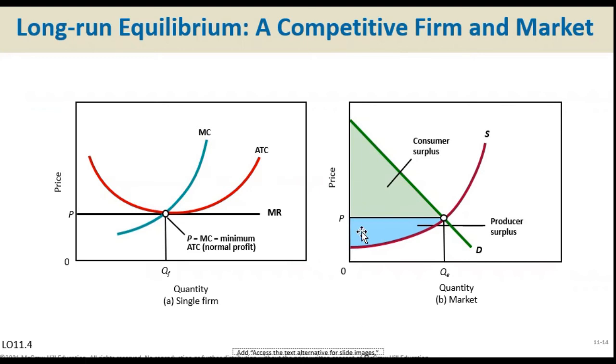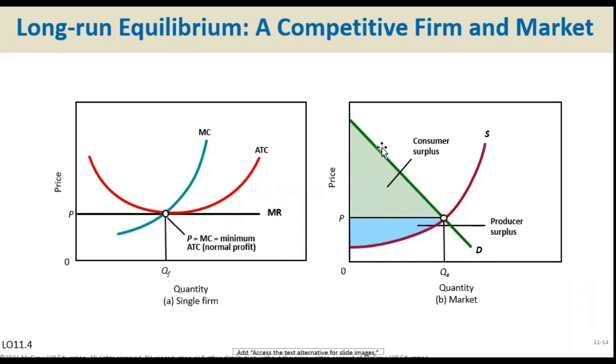So here, if we look at the market, you can see that the consumer surplus is represented here by this green triangle, right?